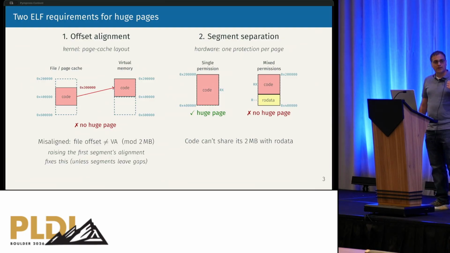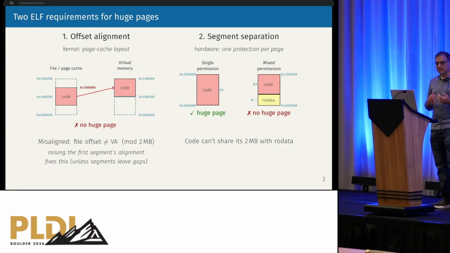And at the virtual address, it also needs to have the same offset within the 2 megabytes, within the huge page, because that's what the hardware imposes. So if we have any disagreement on this offset in the file and the virtual address that we need to set the huge page, a huge page will not be formed.